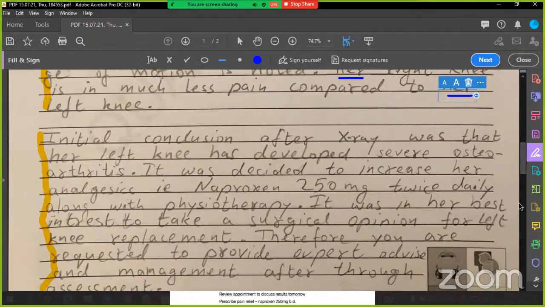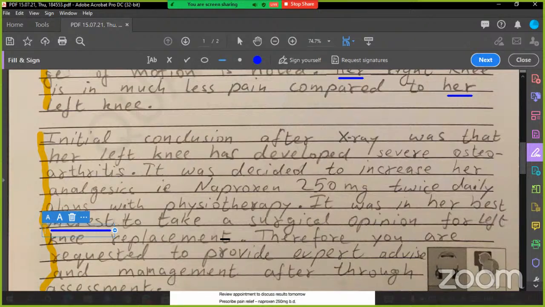It was in her best interest, spelled INTEREST, to take a surgical opinion for left knee replacement.